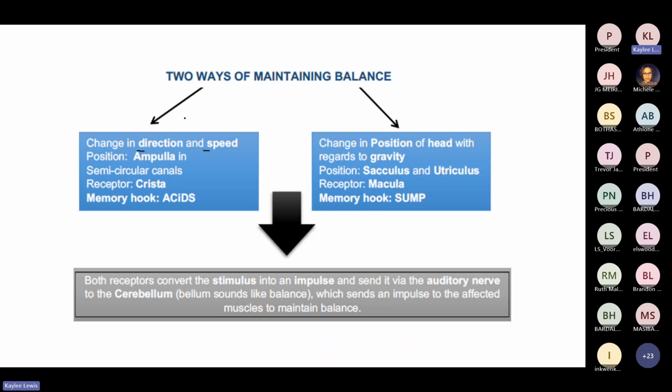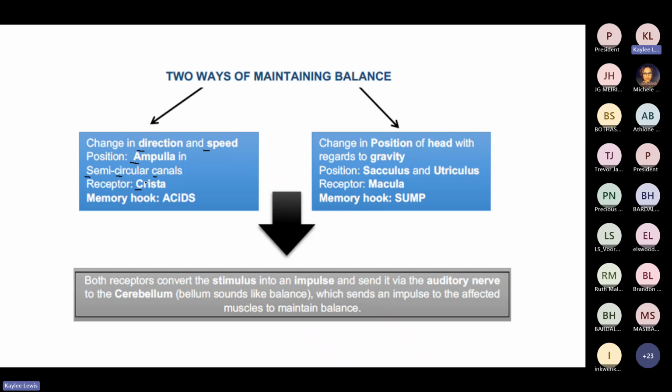When there's a change in direction and speed of the head, the cristae, found in the ampulla in the semicircular canals, would be stimulated because it's a receptor, generate an impulse, which will then send it along the auditory nerve to the cerebellum.